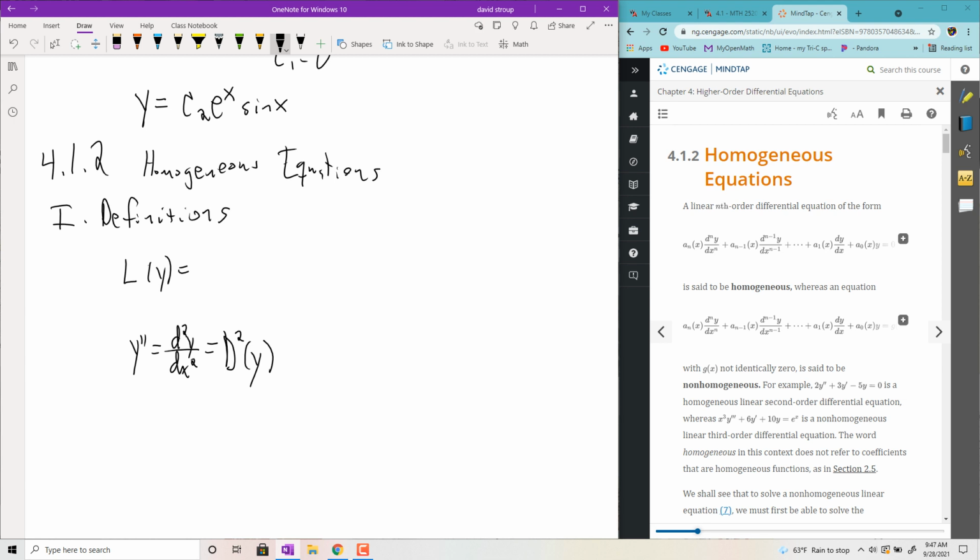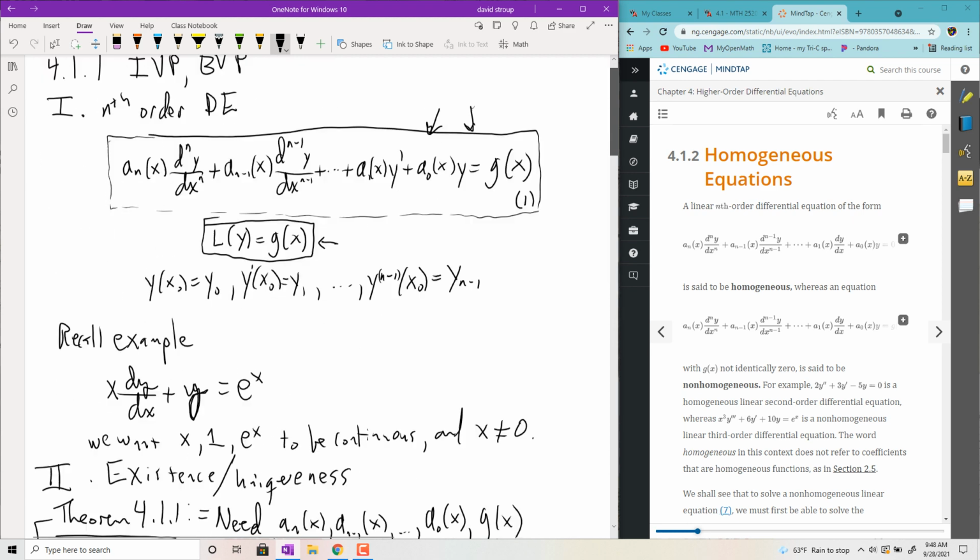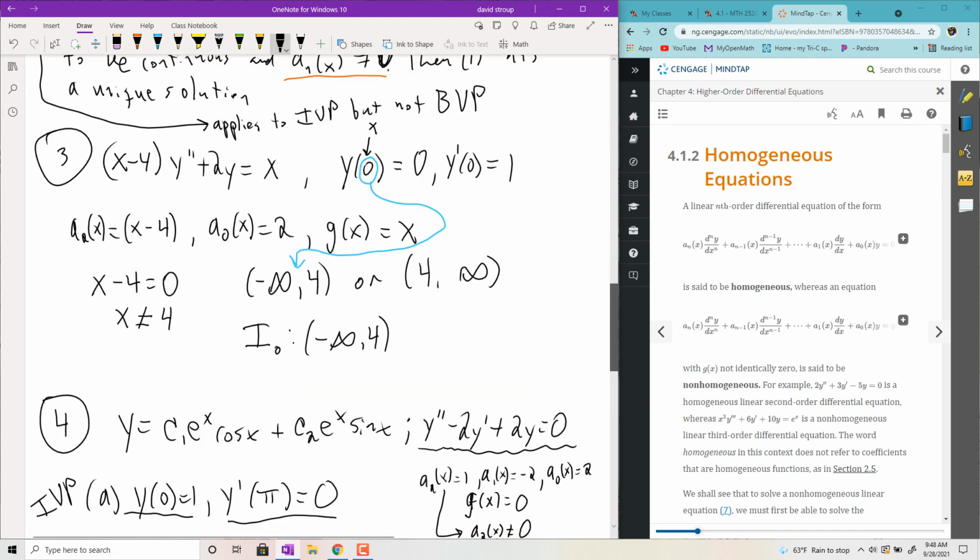So it's just a different way of writing derivatives. You may have seen it briefly introduced before, but we're going to use it in this section, and then later on when we talk about annihilators, we'll use it again there. But anyways, we're going to rewrite that nth order linear differential equation using this new L notation.